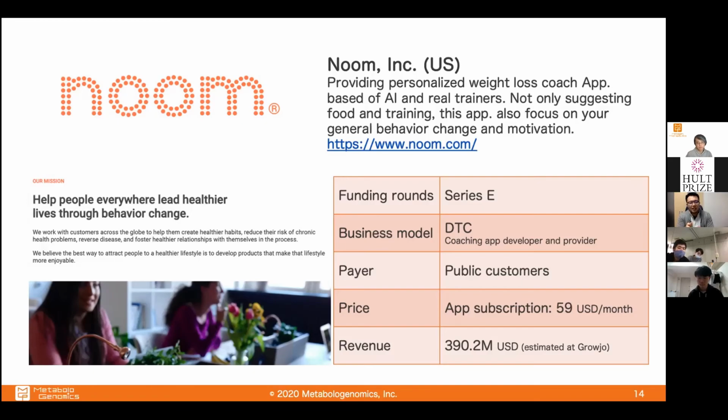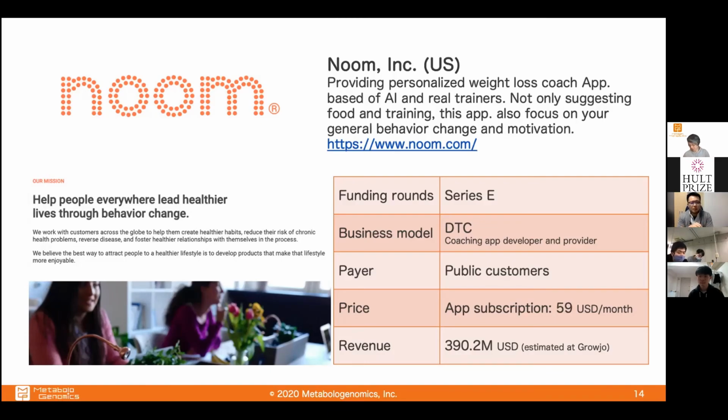So they are also putting real human trainers in their service to have conversations inside the application using a messenger-like interface, focusing on your general behavior and motivation, and trying to adjust the suggestion in real time.